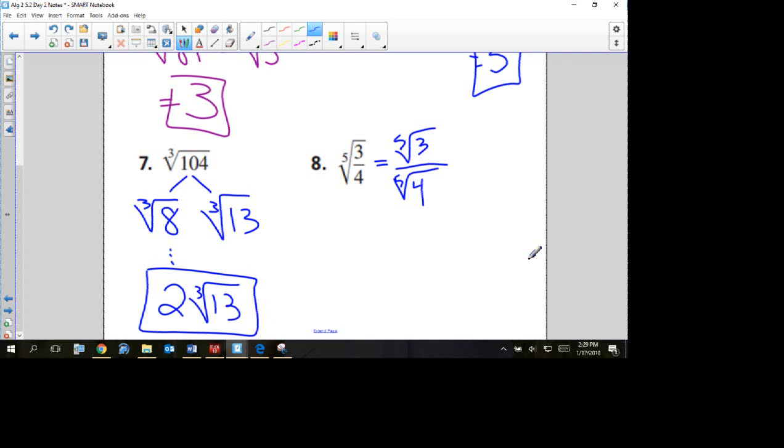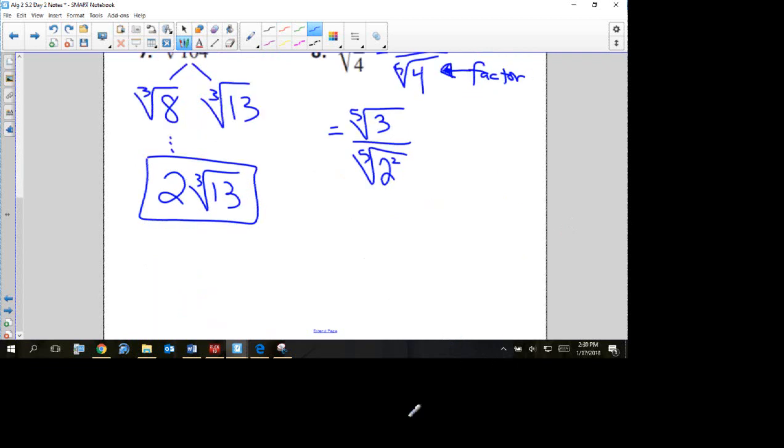Can I have a rat in the den? I have to exterminate. So I'm going to factor this 4. What is 4 factored? So I get the 5th root of 2 squared.